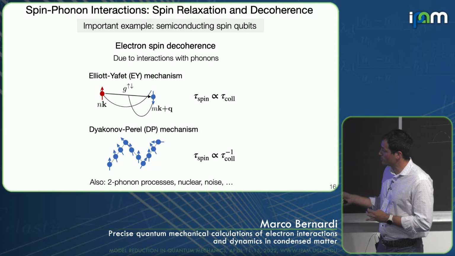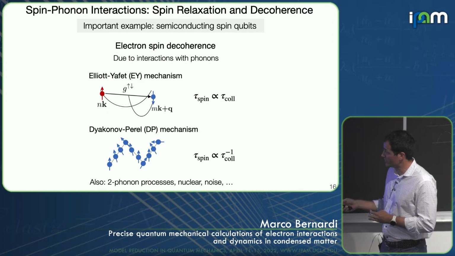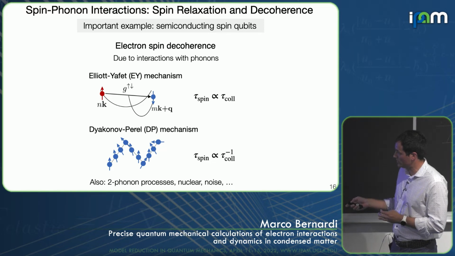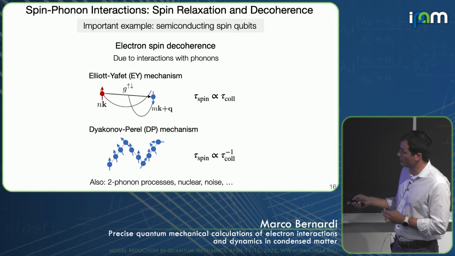So with phonons, usually there's a couple of mechanisms. One is the electron spin can be scattered due to a phonon, and the spin can flip in the scattering process. This is the so-called Elliott-Yafet mechanism, and the spin relaxation time is proportional to the electron-phonon collision time in this mechanism.